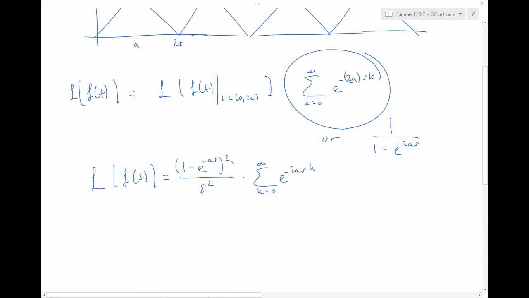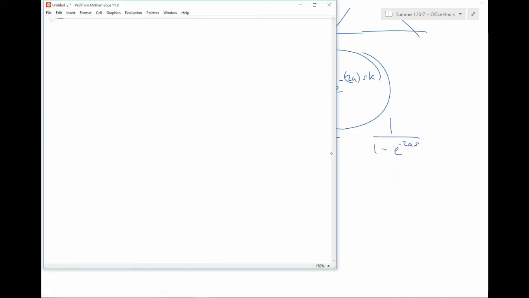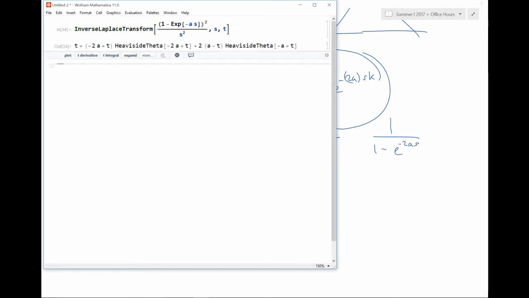Alright, what kind of difference does this make? I'm going to look at the inverse Laplace transform of the function 1 minus e to the minus as, squared, divided by s squared. Let's plot the function.